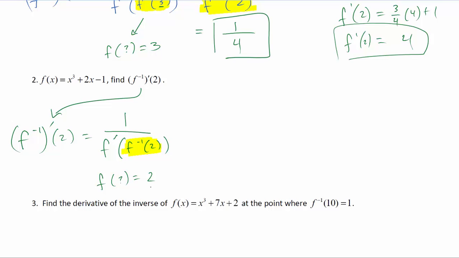In this problem, I actually have to do the work to find what that value of x is. So I'm going to write 2 equals x cubed plus 2x minus 1. Since this isn't a quadratic, nor is it anything I can solve using plain old algebra, I'm simply going to refer to the calculator. I'm going to plug 2 into y1 and f into y2 and find their intersection.